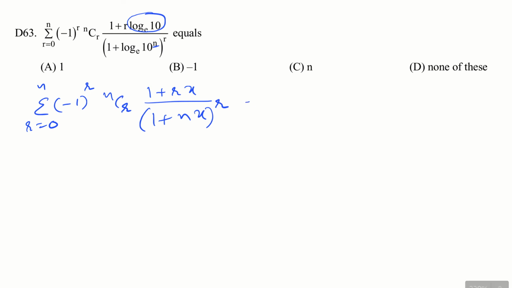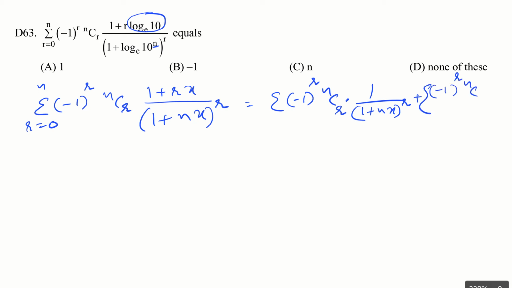So this is nothing but writing separate sigmas. I'll have sigma (-1)^r nCr into 1/(1+nx)^r, plus the second one, sigma (-1)^r nCr into rx/(1+nx)^r.